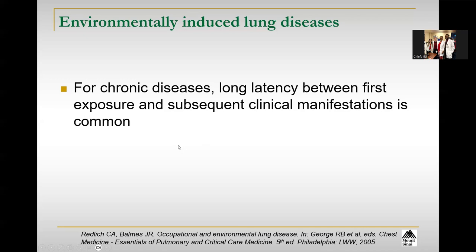That's why it is important, in obtaining an occupational history, to really try to go back to the first years of employment and to past occupations where the exposure may have determined the disease that is presently being investigated in a particular patient.